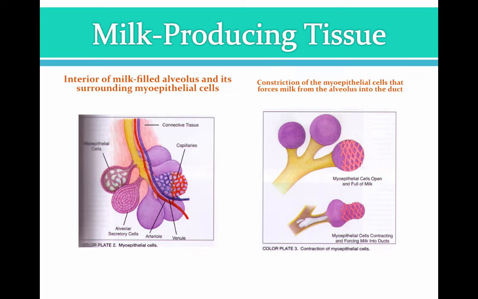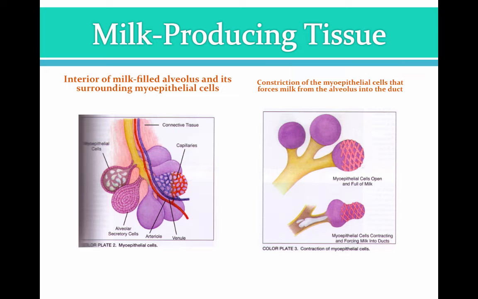Some mothers don't feel it at all, and some do. You can see here that this is when they're open and full of milk, and this is when they squeeze and force the milk through the duct.